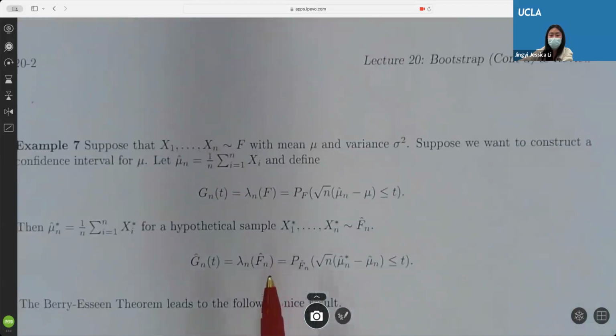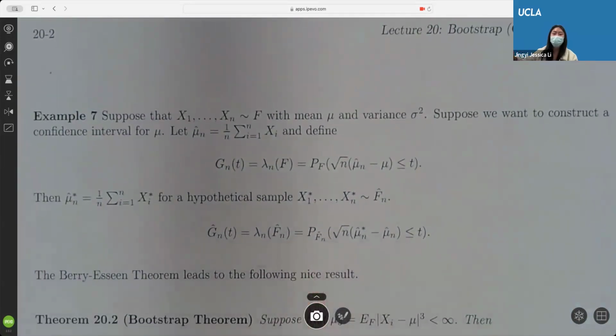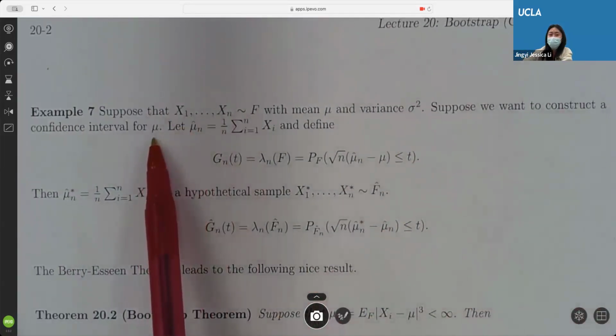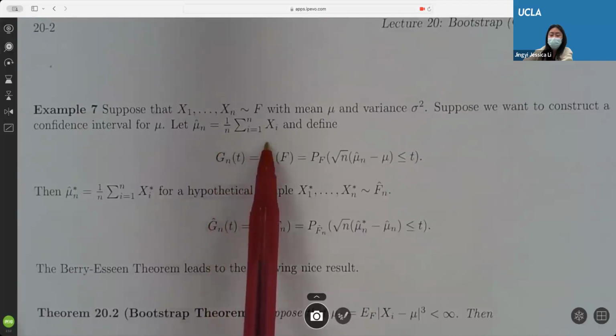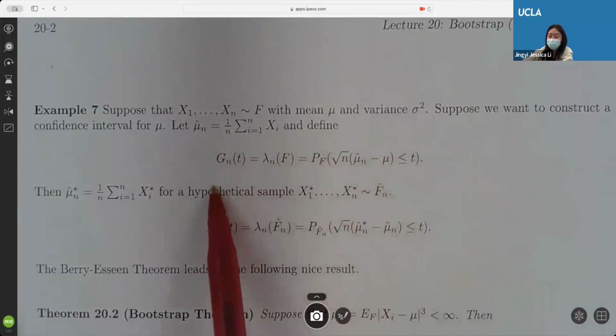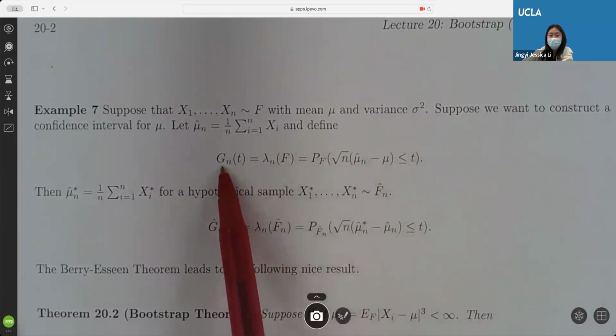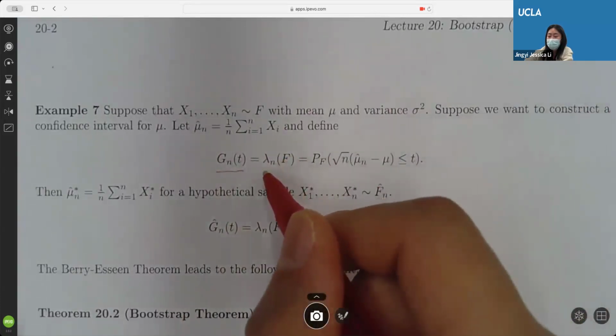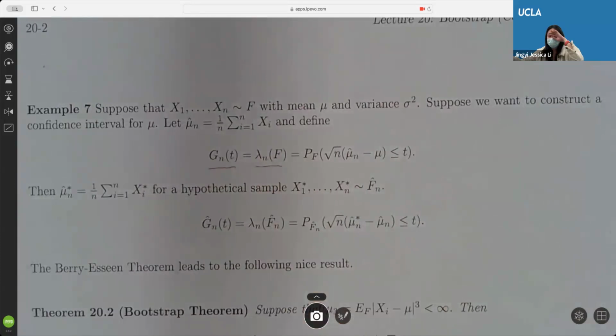Let's continue with our discussion on the bootstrap, coming back here. Now you see what Berry-Esseen is: an upper bound on the sup over x of the difference between two CDFs. Example 7: suppose that x1 to xn follow an F distribution with mean mu and variance sigma squared. Suppose we want to construct a confidence interval for mu. Let mu hat n be the sample mean and define the error distribution, following the notation Gn(t) for the CDF.